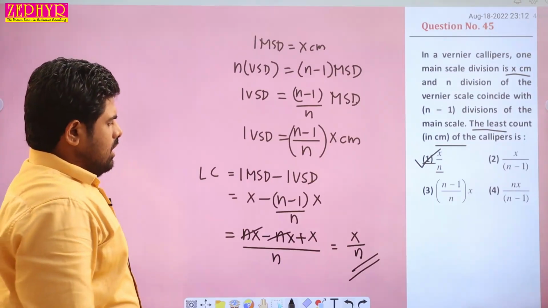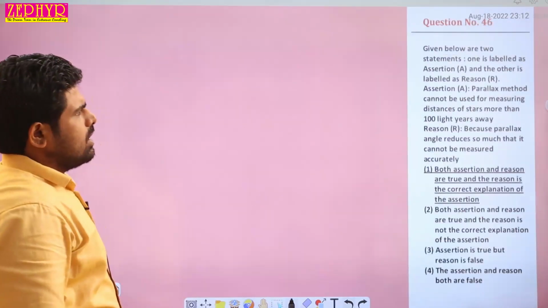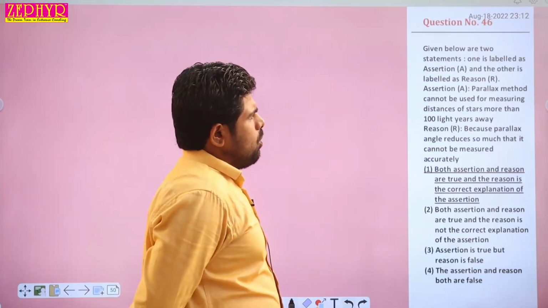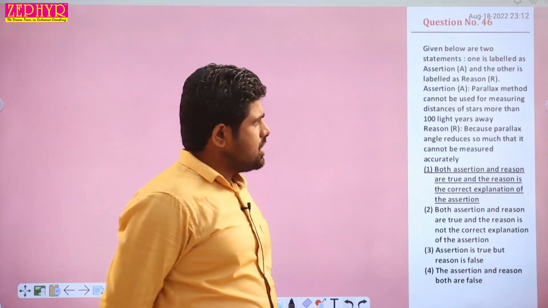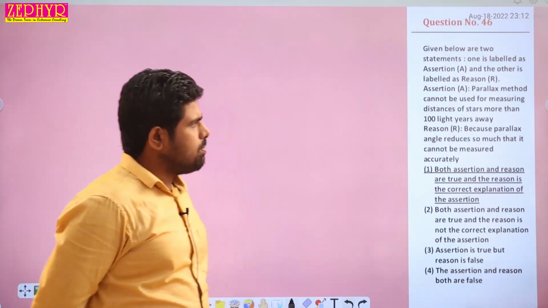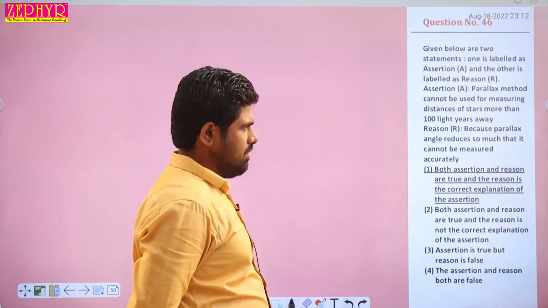Then question number 46. Given below are two statements, one labeled as assertion A and the other labeled as reason R. Assertion A: parallax method cannot be used for measuring distances of stars more than 100 light years away.